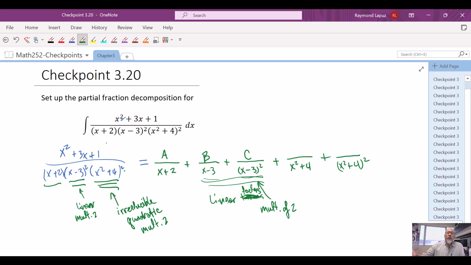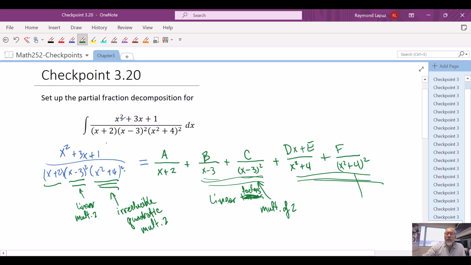Now the numerator for an irreducible quadratic will be a linear term, because this is a second power, and so the most general linear term would be something x plus another constant. So Cx plus D for the first. And this is also a quadratic with multiplicity 2, so the numerator would be linear yet again.